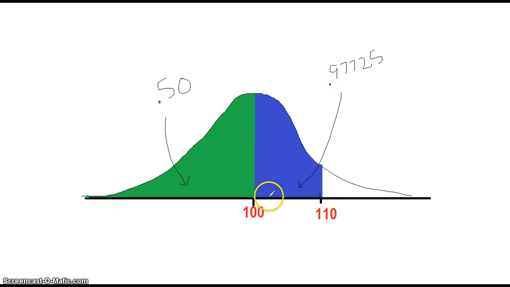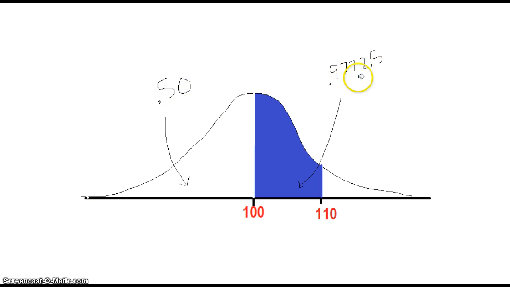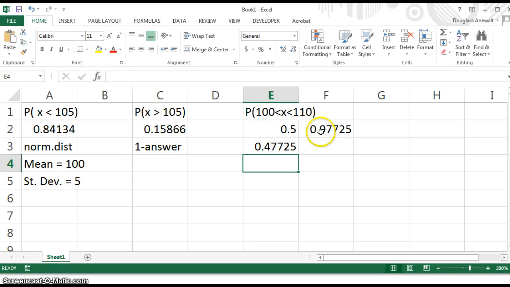Well, if you just want the probability in between this, we would just be looking at the blue then. So if we're just looking at the blue, it's like getting rid of the green. It's like subtracting the 0.50 from that. And if you take that and subtract the 0.50, that's what we got here. We subtracted the 0.50 and got 0.47725 as the probability of being in between 100 and 110.